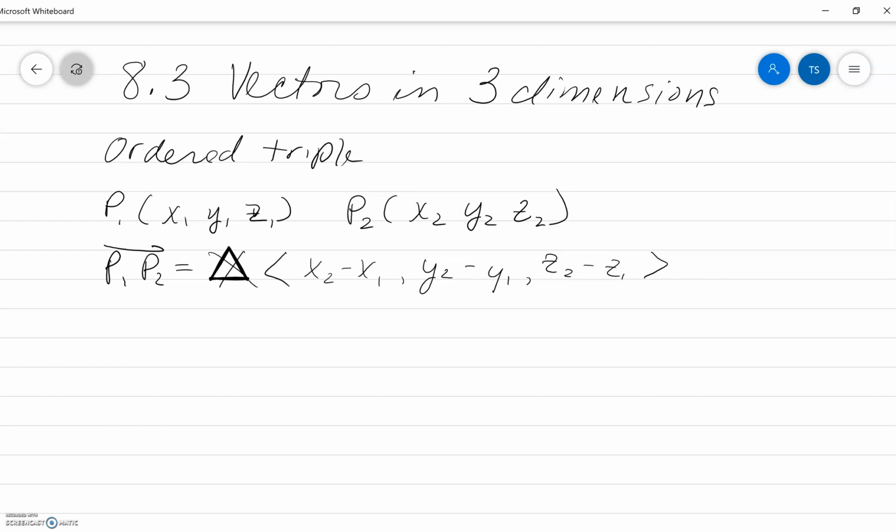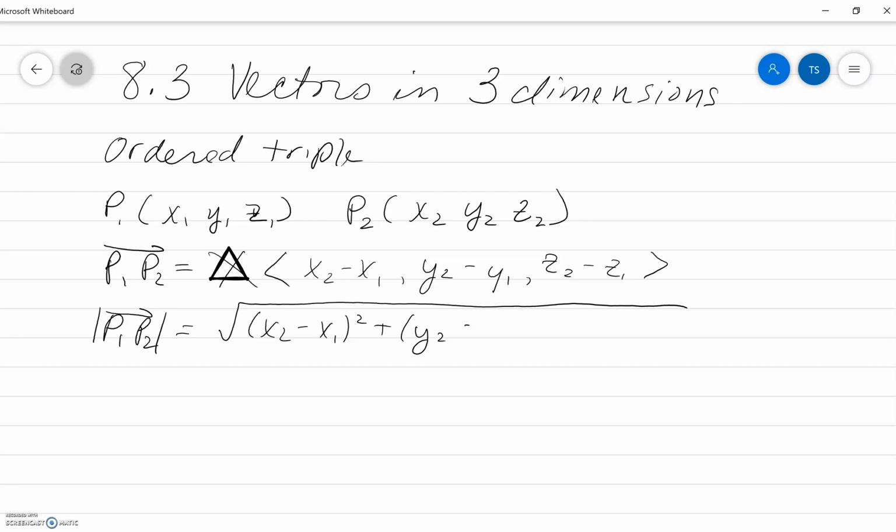And then of course the magnitude of the vector from P1 to P2 will be found by the square root of x2 minus x1 squared plus y2 minus y1 squared plus z2 minus z1 squared. Okay, just the same as the other types of vectors.